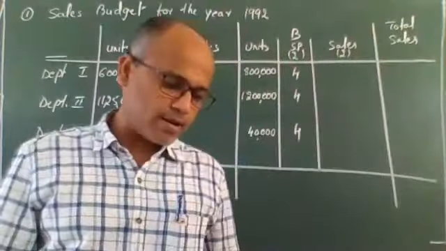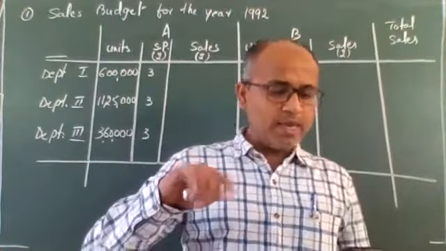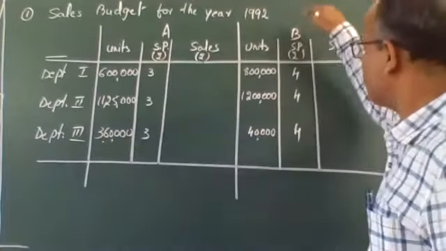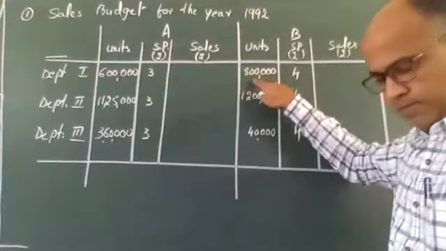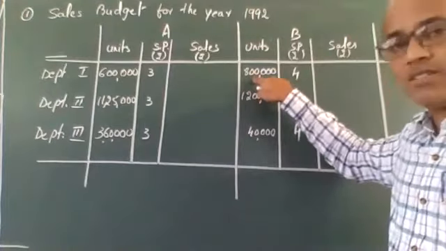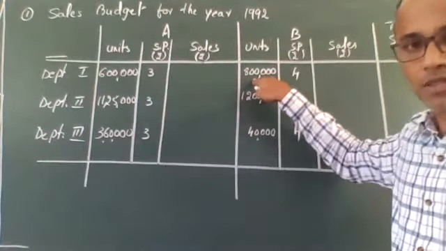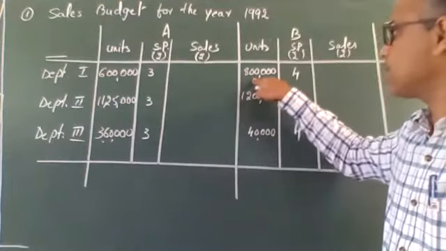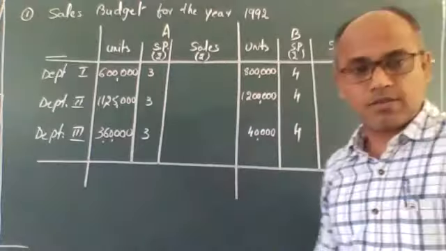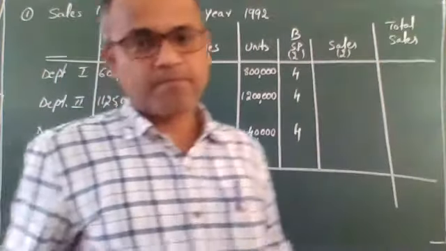It is estimated that with rigorous sales promotion, the sales of B in department 1 will increase by 3,50,000. What is the existing sales? 8 lakhs. It is increasing by 3,50,000. So what will be the new sales? Is the new sales 3,50,000, or 8 lakh plus 3,50,000?